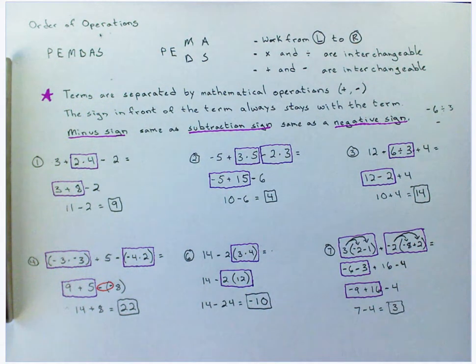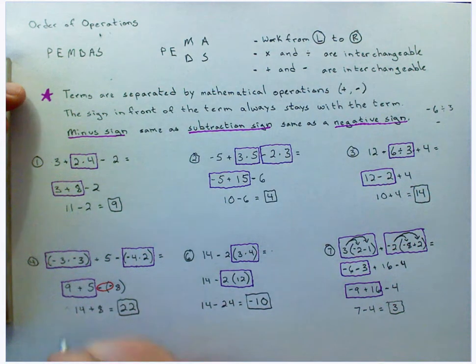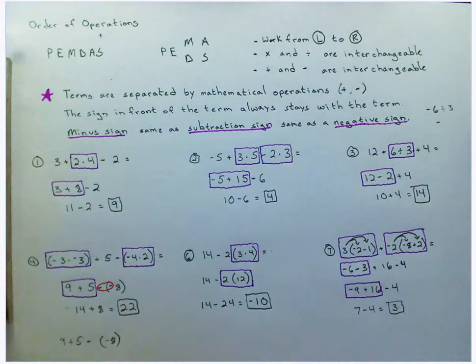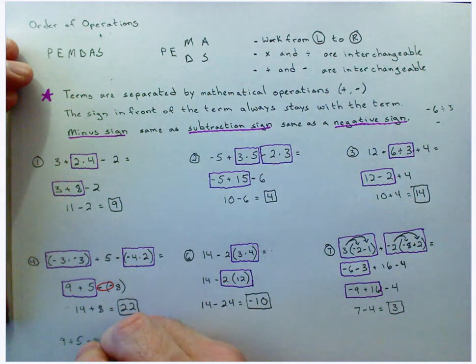Okay, so 2 points that I want to make here and be able to show you is for this one. I'm going to rewrite this. What I had here, I had 9 plus 5, and then I had minus, and then I had this -8 inside the parentheses. I can view that as a -1 times a -8.